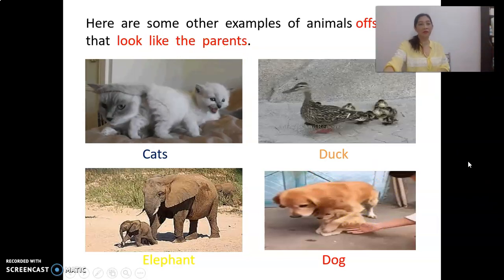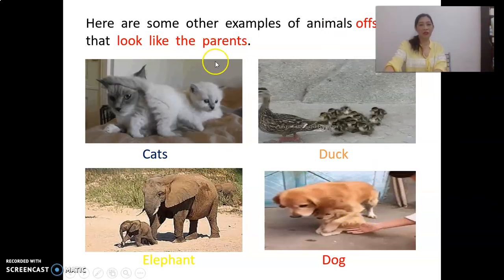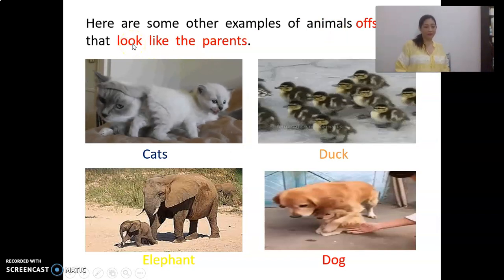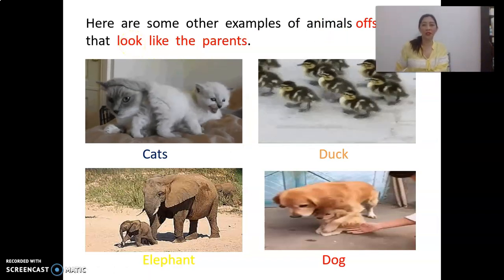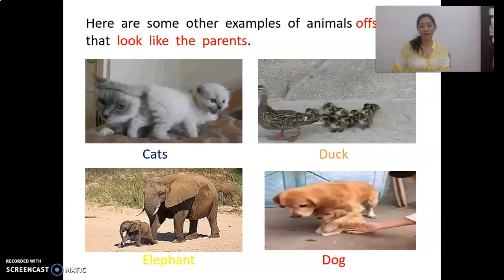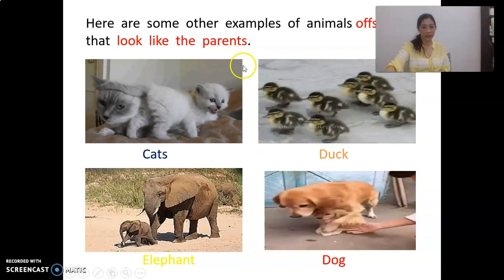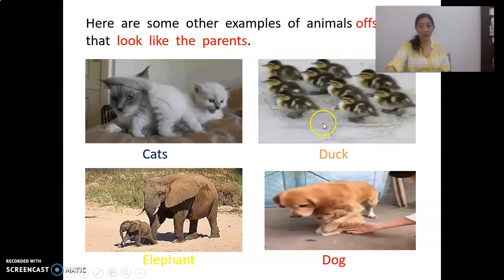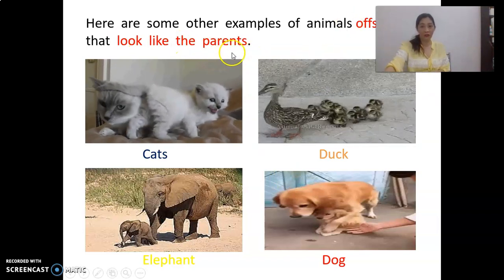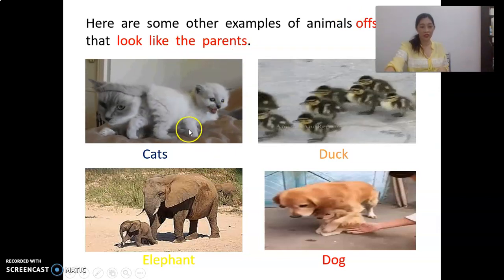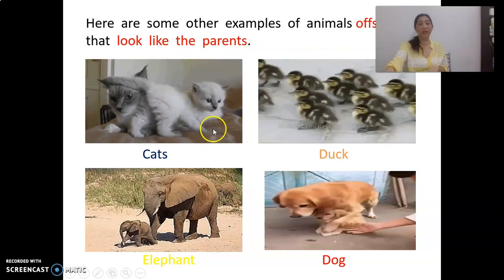So give me some other examples of animals that look alike. Another is cow. It looks like its parents. Goat looks like its parents, and pig looks like its parents.